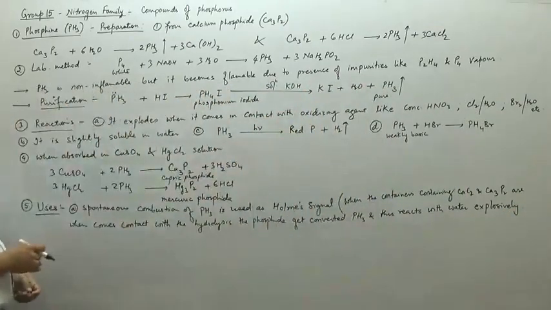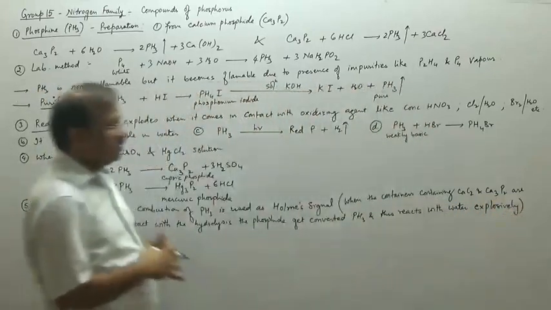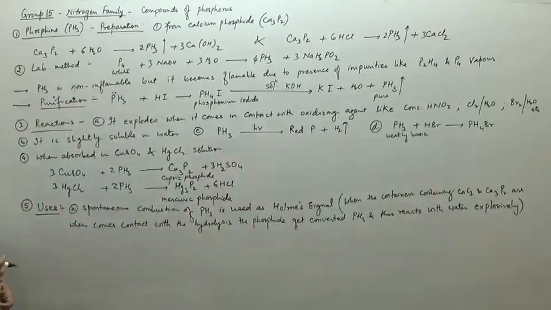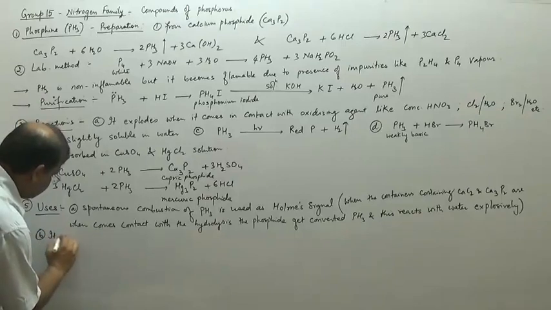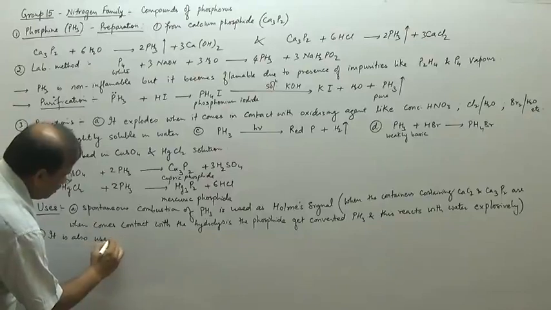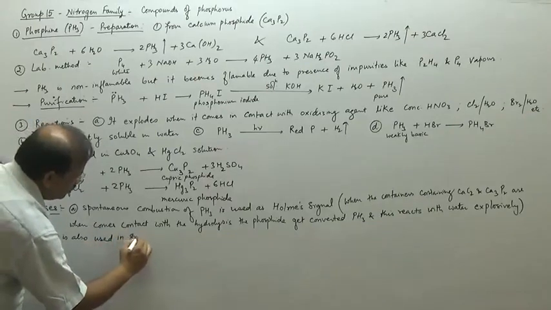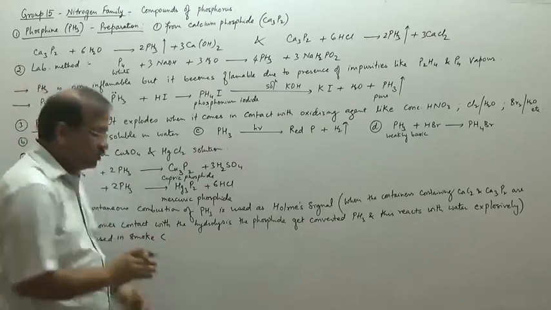We used to say that this is the Holmes signal, and when it forms smoke like that, we say it is also used in smoke screens, that is, formation of smoke screens.